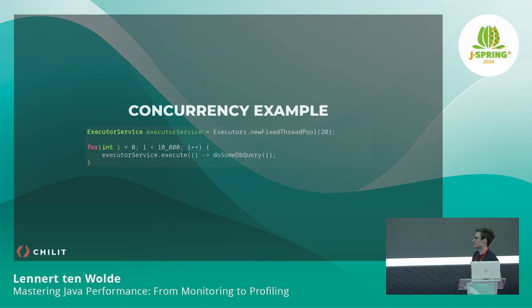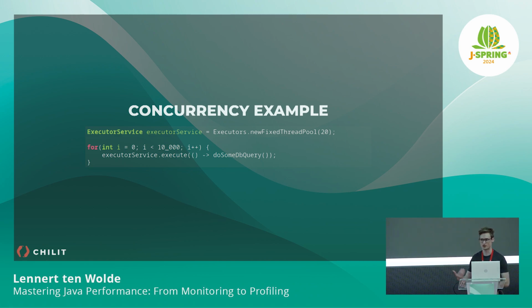So concurrency, how does it work? Well, really quickly in Java, you have executor services. Executor services allow you to dispatch individual tasks, so runnable interfaces, into some kind of queue that is going to be processed by a set of threads. This is usually how you do it.